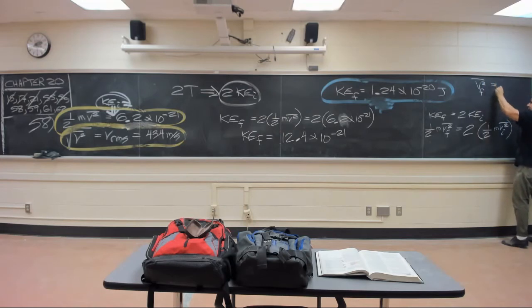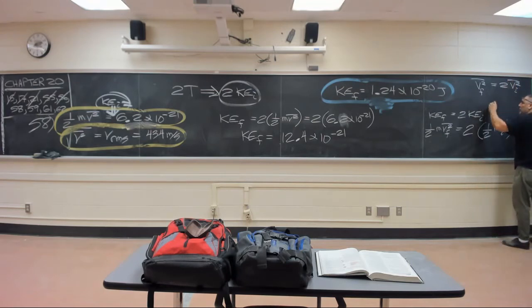Divide by the product 1/2 m on each side, you get the average of the V f squareds equals 2 times the average of the V i squareds. Okay, let's square root both sides.